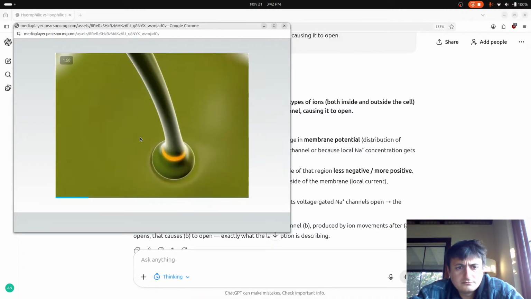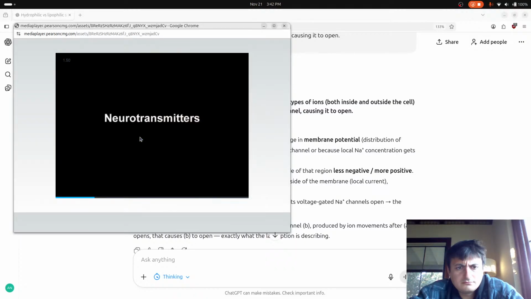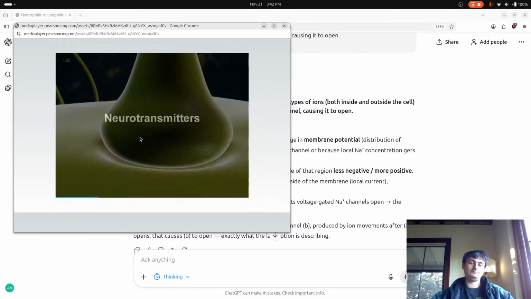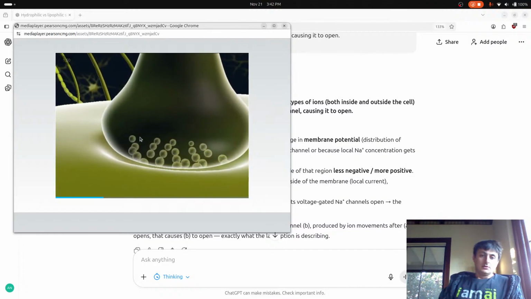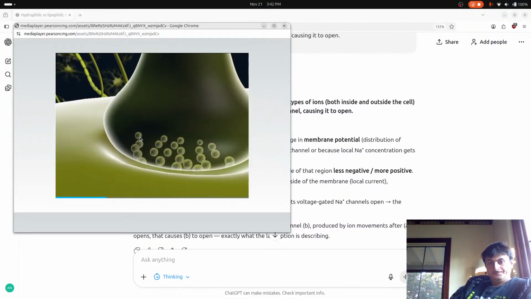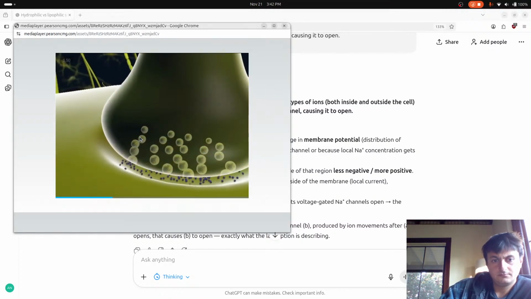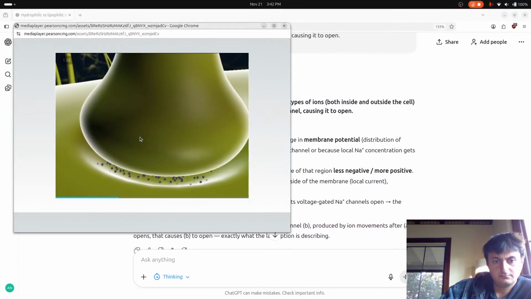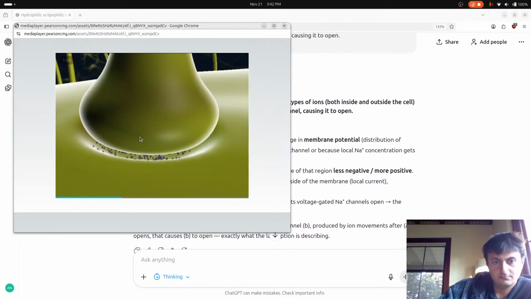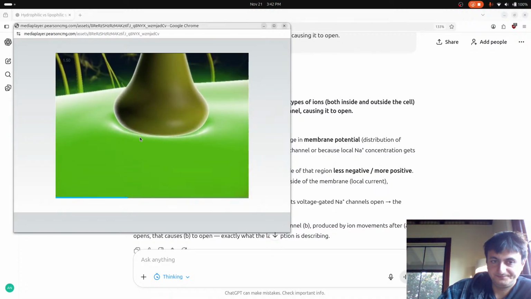The narrow gap between the synaptic terminal and the receiving neuron is called the synaptic cleft. The synaptic terminal of a sending neuron contains numerous vesicles filled with neurotransmitters, chemicals that carry information across the synaptic cleft. When an action potential reaches the synaptic terminal, the vesicles fuse with the plasma membrane of the sending neuron, releasing neurotransmitters into the synaptic cleft. The neurotransmitters affect the receiving neuron, changing the distribution of charge across its membrane. Let's take a closer look.